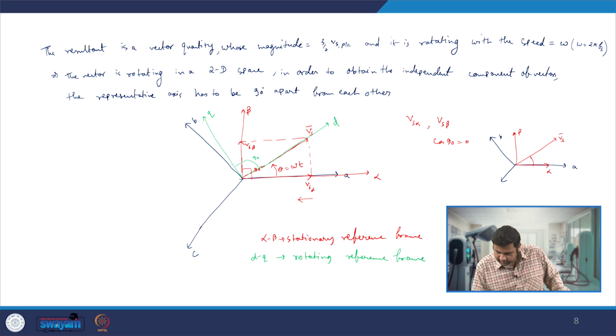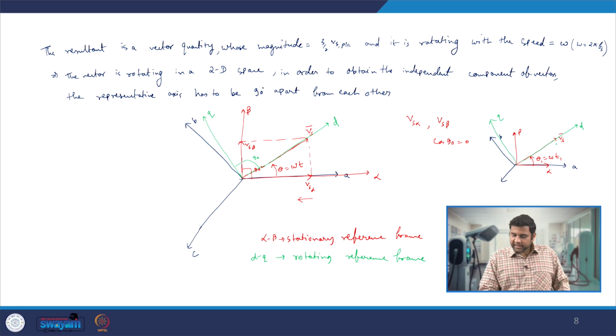That vector is at an angle theta 1, which is omega t1, at a different time instance. At that time instant my rotating reference frame will be along the same direction as that of the Vs space vector. So this is the D frame and this is the Q frame.